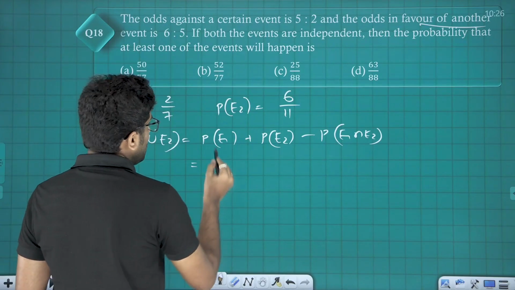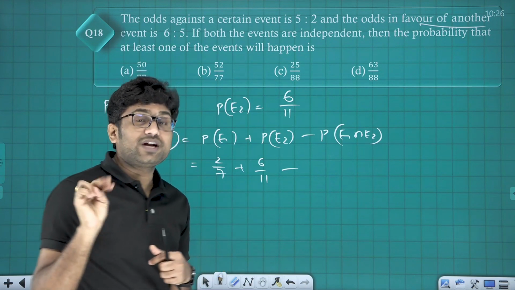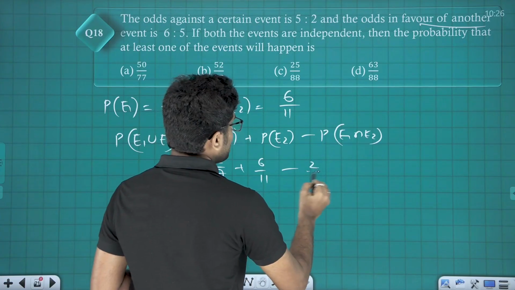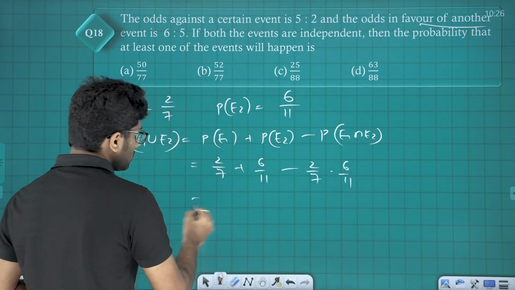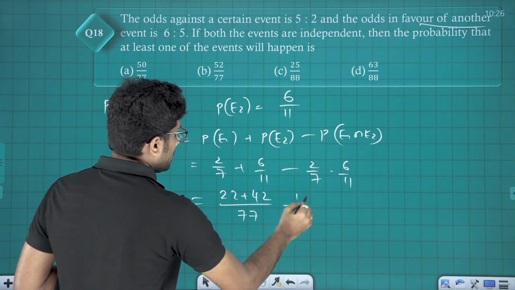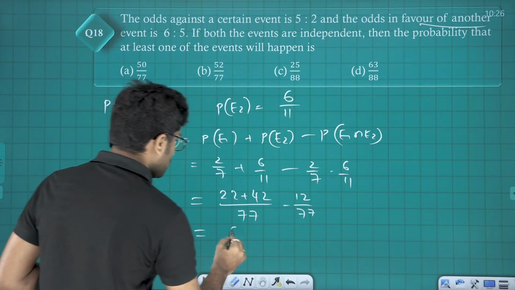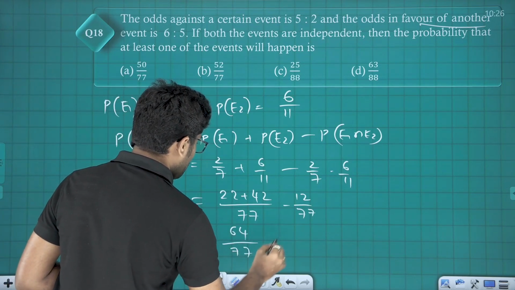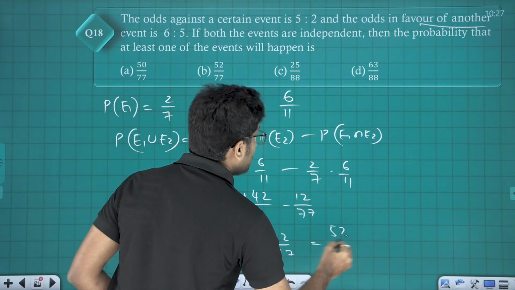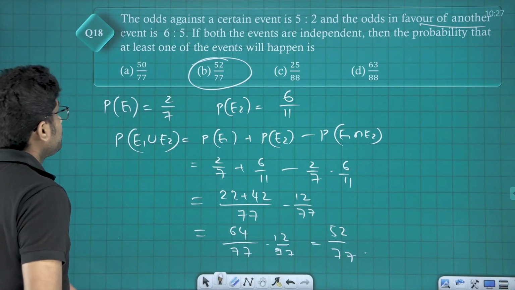So P of E1 is 2 by 7 plus 6 by 11 minus, as these two are independent events, P of E1 intersection E2 will be P of E1 into P of E2, so 2 by 7 into 6 by 11. 11 twos are 22 plus 6 sevens are 42, divided by 77, minus 12 by 77. 22 plus 42 is 64, divided by 77, minus 12 by 77. So 64 minus 12 is 52, divided by 77. Answer is option B. Next question.